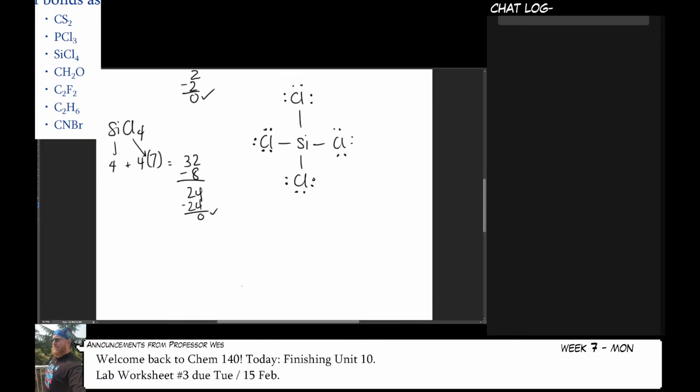All right, moving on to CH2O. You'll notice I have a bunch of different atoms now. We just do the same thing, sum them all together. So 4 plus 2 is 6, plus 6 is 12. I'm just going to put C in the middle and put the rest of them around the outside. Go 2, 4, 6. And then H's don't need electrons. 8, 10, 12.